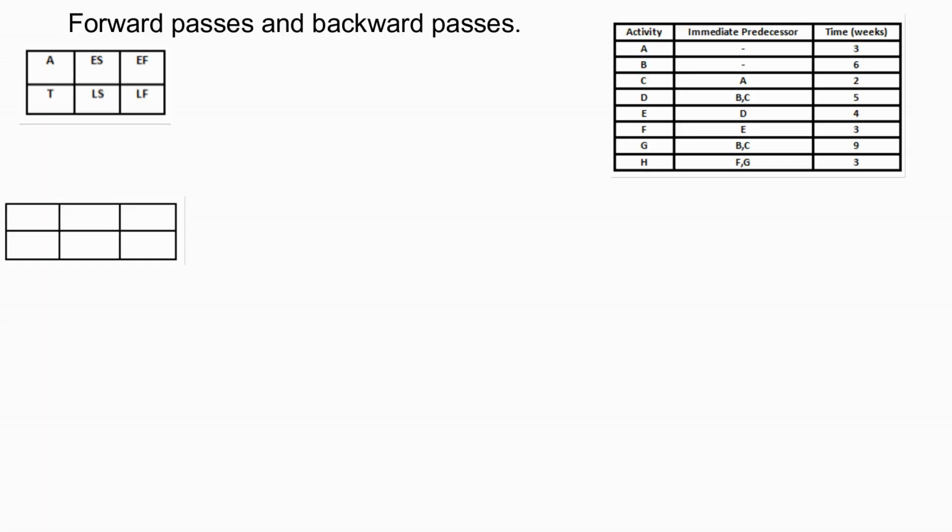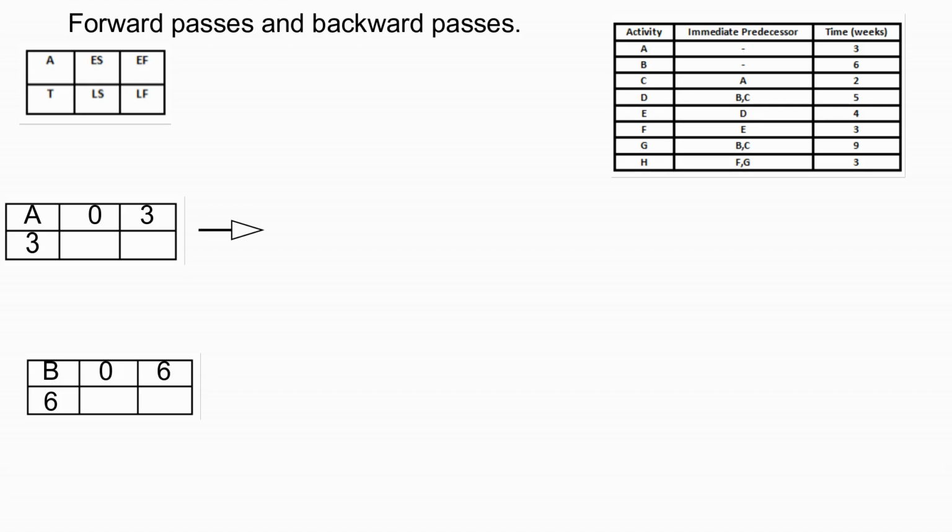Now we fill in the table. Put A for activity, and the time is 3, following the table that is given. Plus 0, so 0 plus 3 equals 3. Then B: A and B both start at 0, so the same calculation applies. B starts at 0, so 6 plus 0 equals 6.